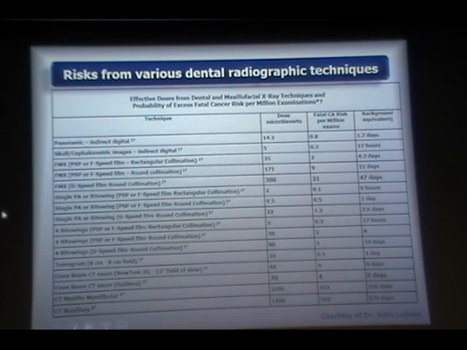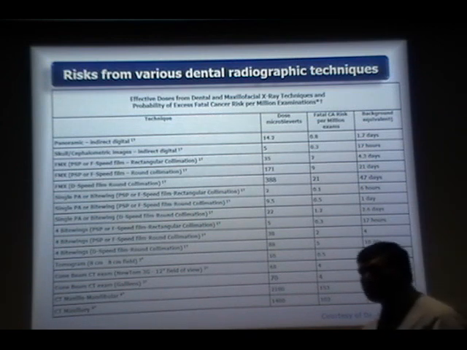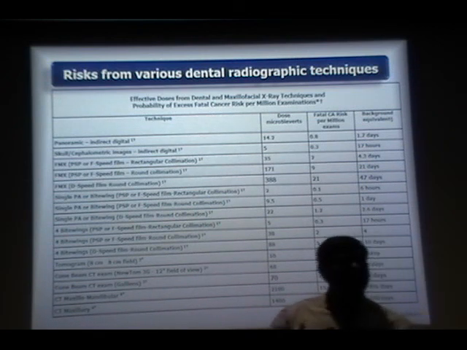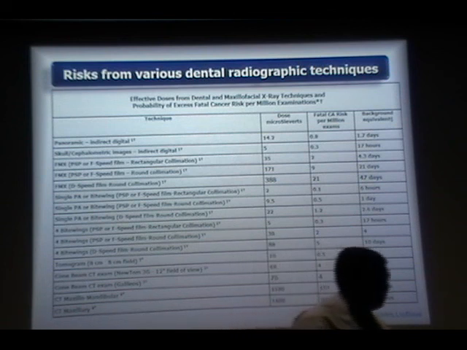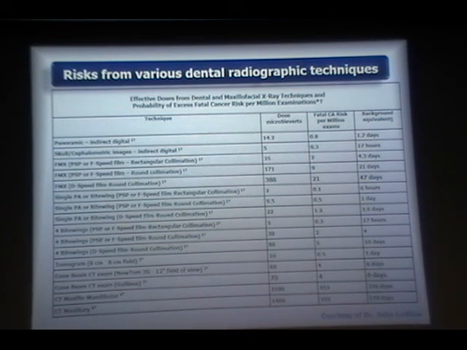We use something called background radiation as our guideline. What exactly do I mean by background radiation? Since we are born in this world, we are exposed to different varieties of radiation. For instance, if you are flying on an aeroplane, you could be exposed to cosmic radiation, right? So we use that as our baseline and compare it with the imaging modalities.